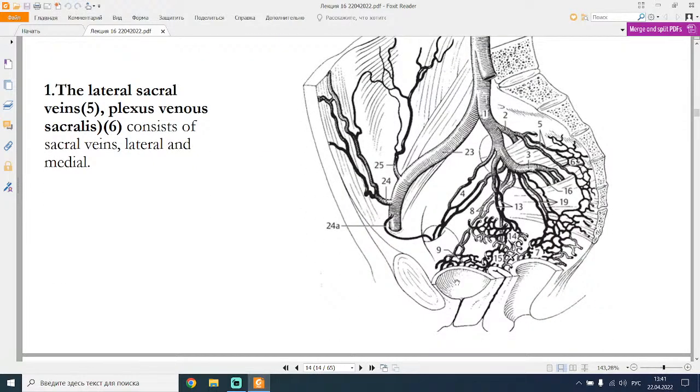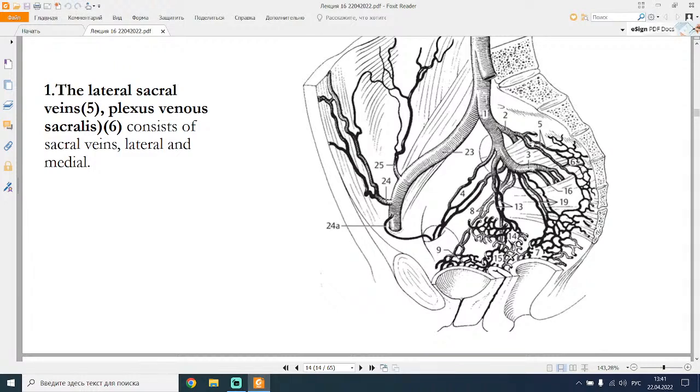What you see in the scheme, the lateral sacral vein. This is vena iliaca interna. This is vena glutea superior.